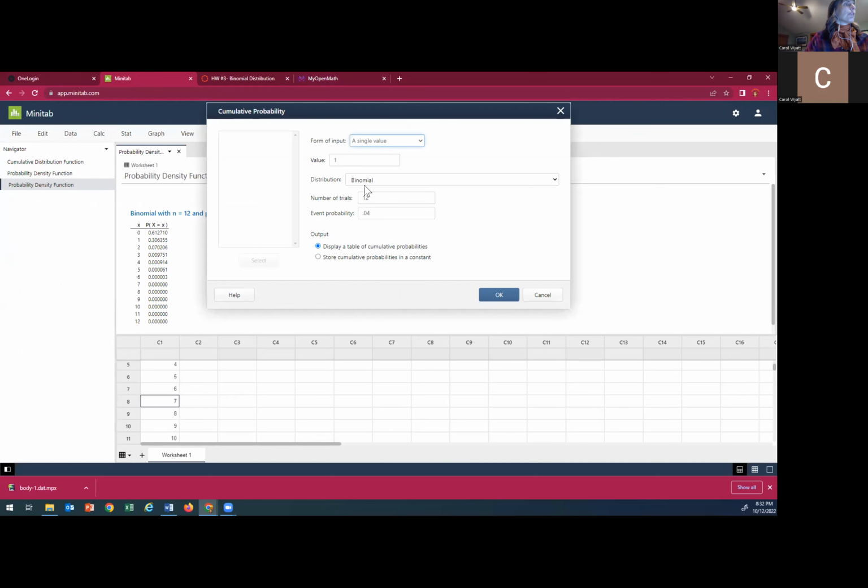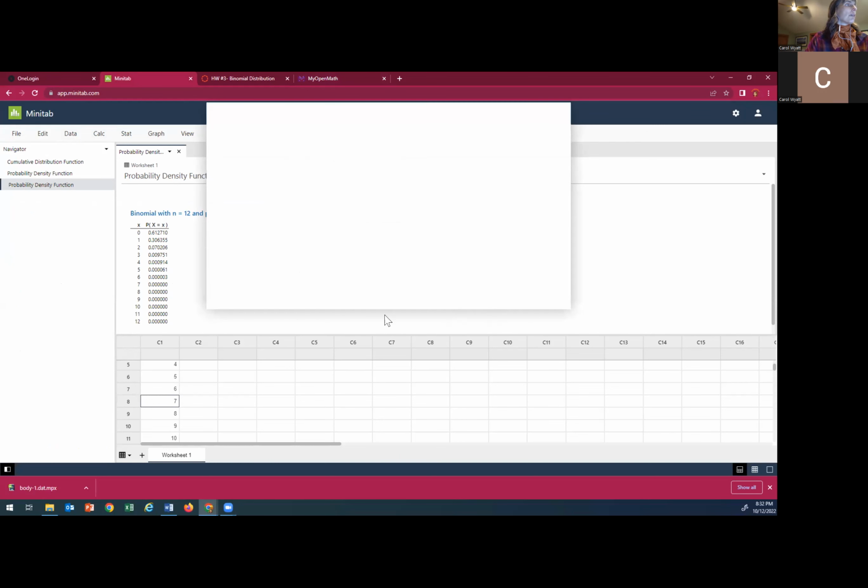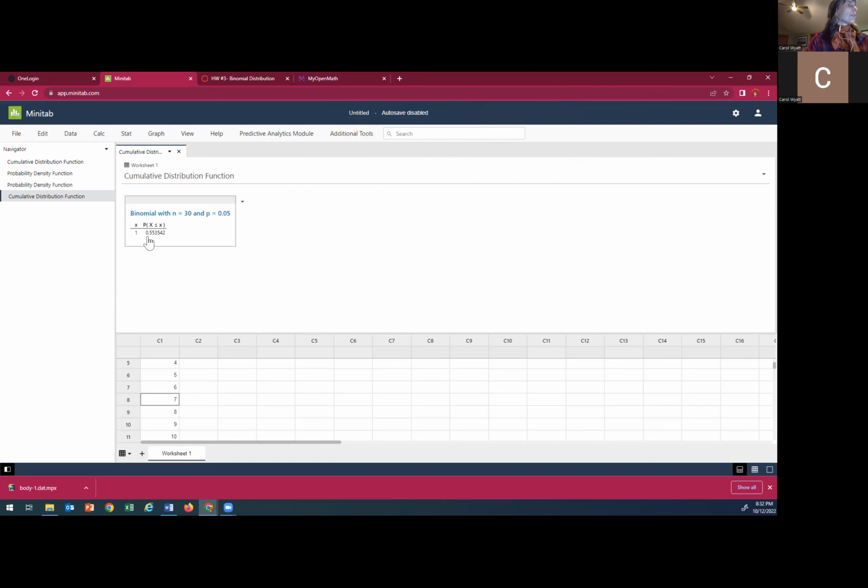A single value, 1, binomial. That's the right distribution. It's a binomial distribution. It's either defective or it's not. Number of trials, we tested 30 pills. Probability of any one of those pills being defective is 5%. Value 1, hit OK. And there's our 0.5535. So that is that one.